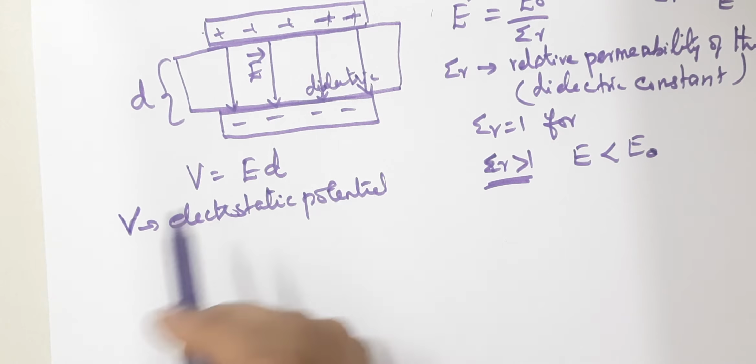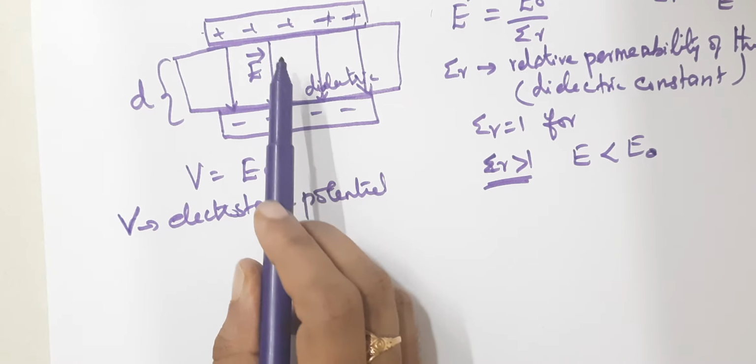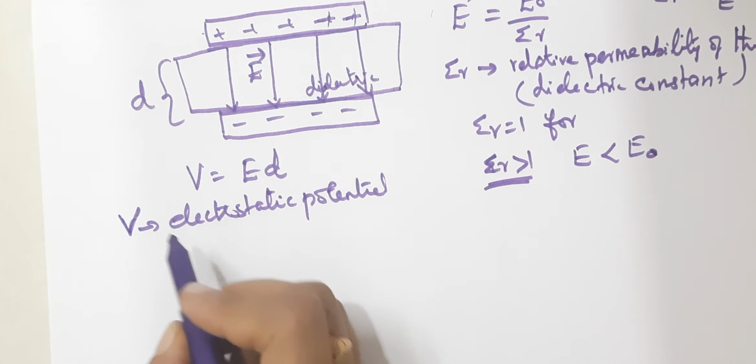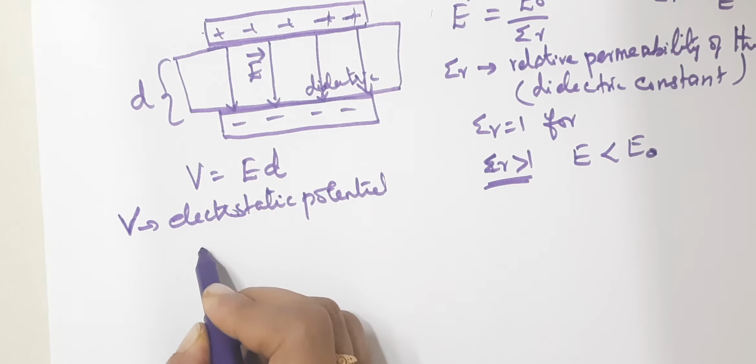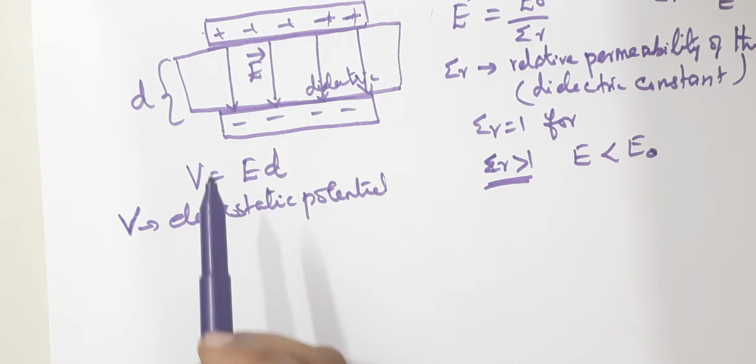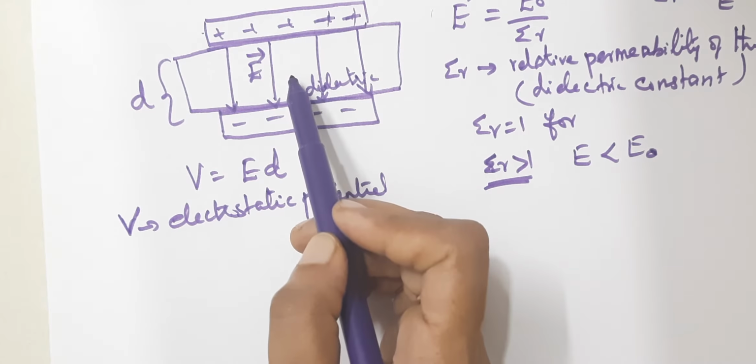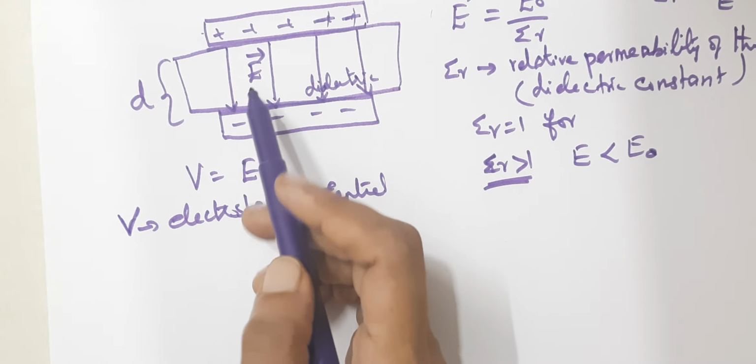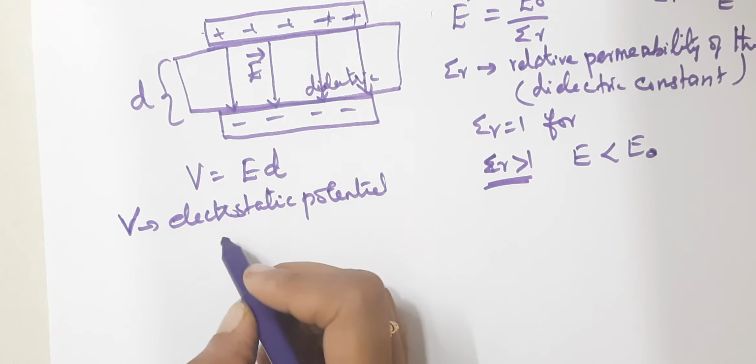So when you place the dielectric in between these two plates, what will be the new potential? Already with the battery connected, we have written about the voltage. Now the battery is removed, dielectric is inserted. So what will be the new potential difference?